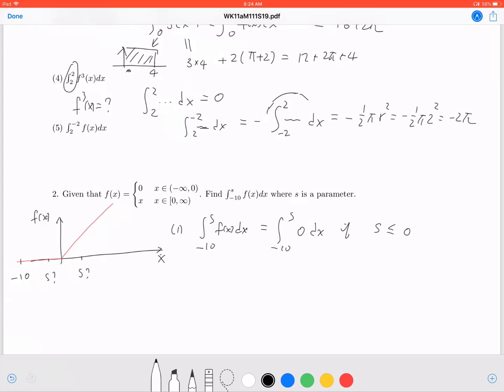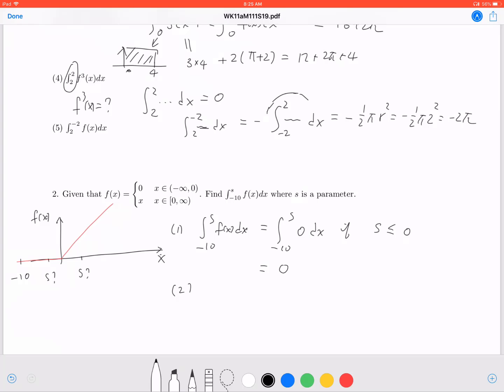And that's very important because your function is piecewise, so we have to be careful what kind of interval we have, or what kind of values this s is taking. Now, if everything is 0, of course, the integral is going to be 0.